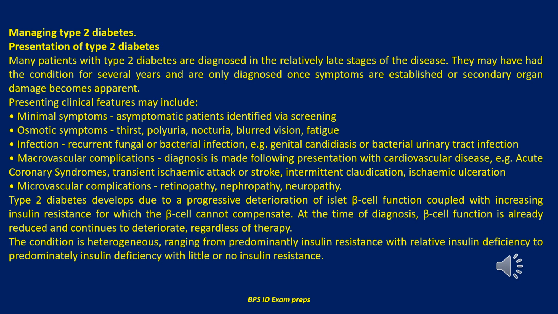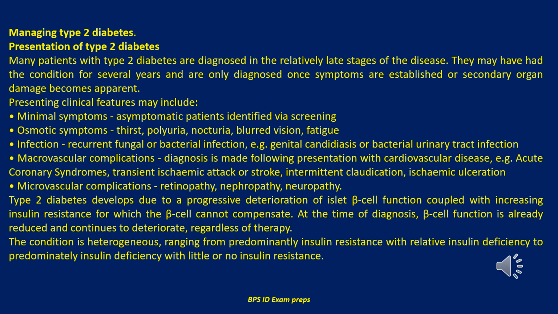Let's begin with the presentation of type 2 diabetes. Many patients with type 2 diabetes are diagnosed in the relatively late stages of the disease. They may have had the condition for several years and are only diagnosed once symptoms are established or secondary organ damage becomes apparent. Presenting clinical features may include 1.